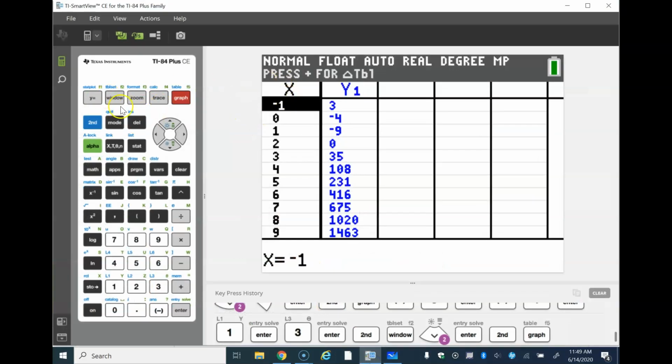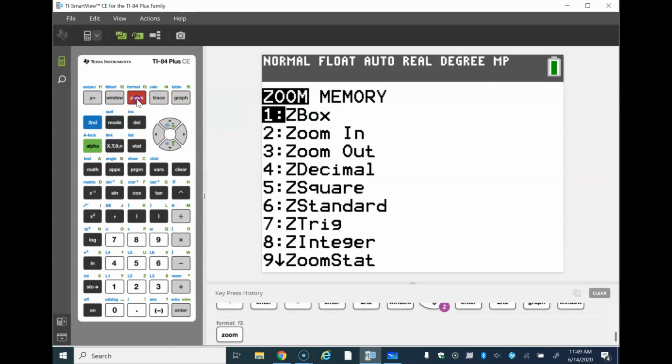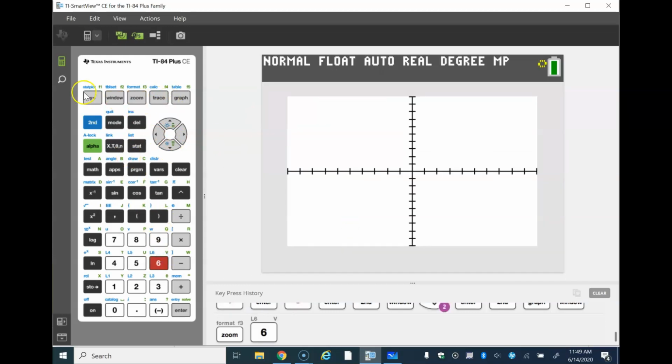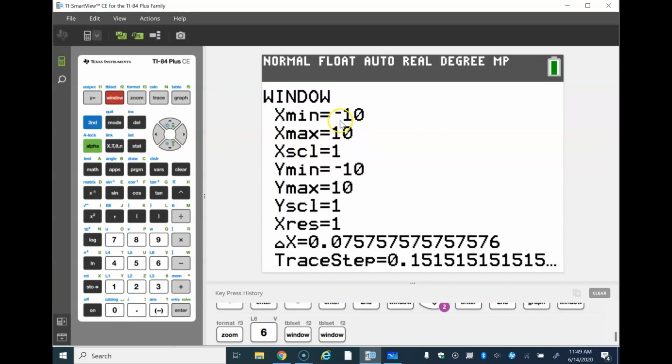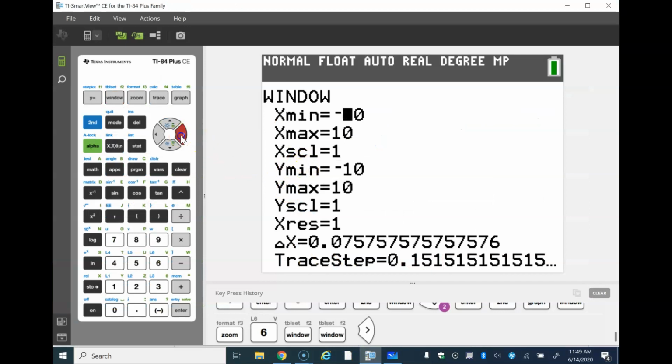Anytime you need to change that, you go to window. Let me go back to the standard way it should look. If you look at window, the first one will be the x min. So we put that as -5.